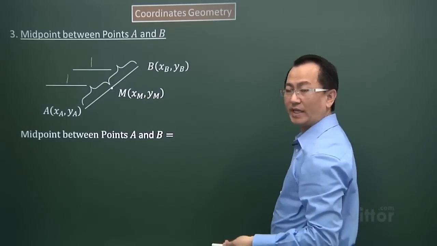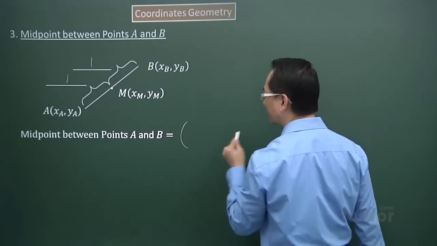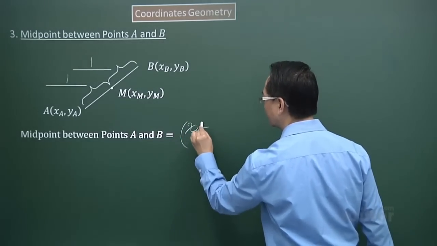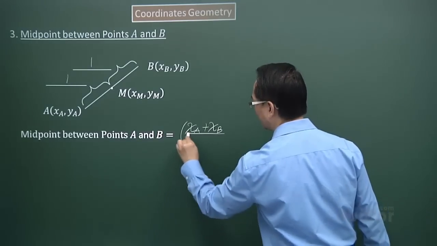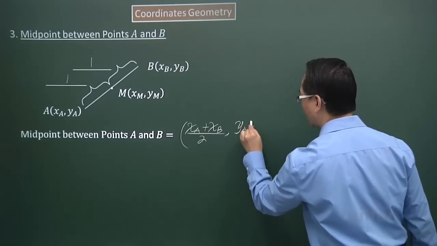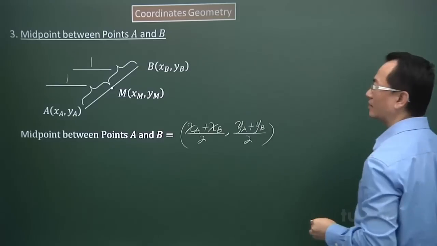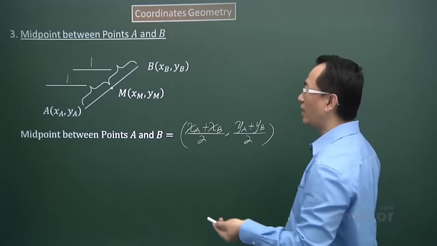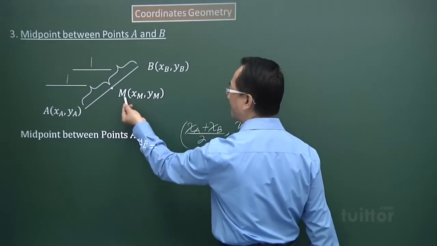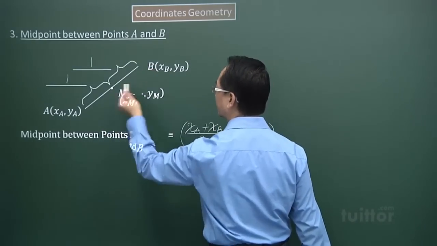So the midpoint between points A and B would be the average of the x coordinates, comma, the average of the y coordinates. So that is if the point in question is the midpoint, big M, and the ratio AM is to MB is 1:1.